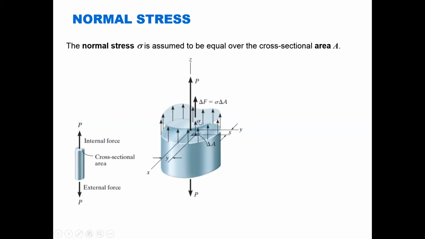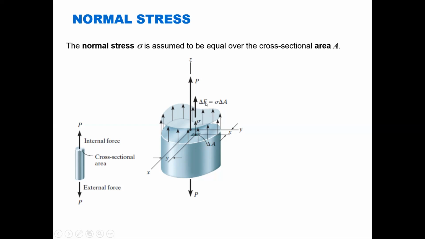If we were to take the normal stress and multiply it by the area, delta A, then, if we're using pounds and inches, we have pounds over inches squared multiplied by inches squared. The inches squared cancel, and we're left with units of pounds.